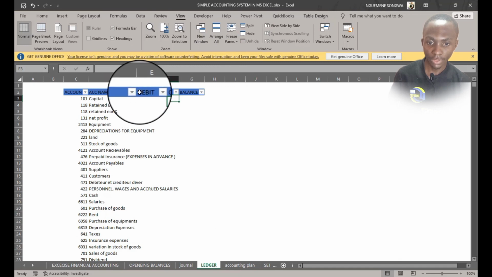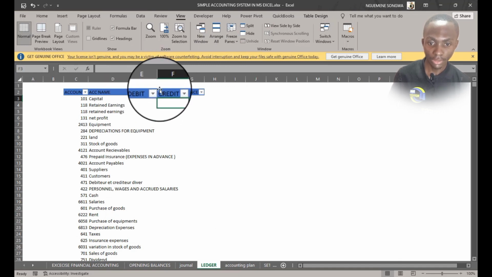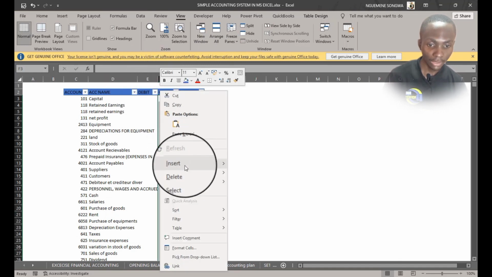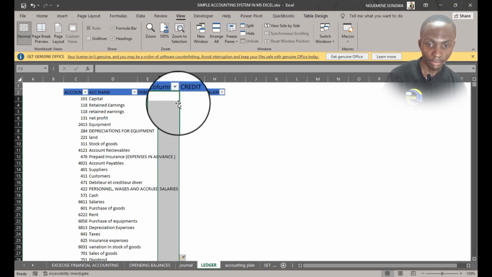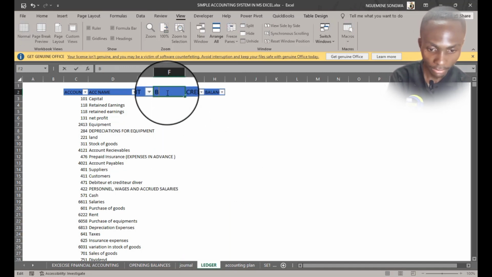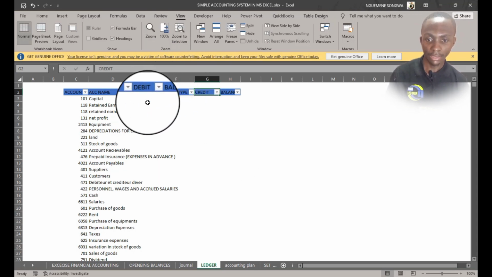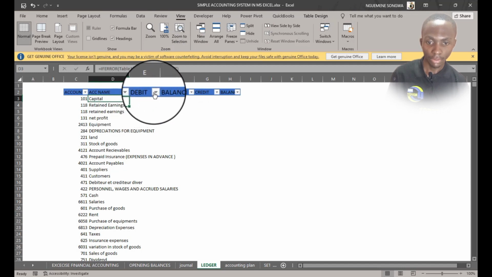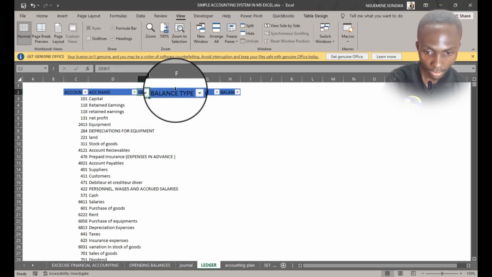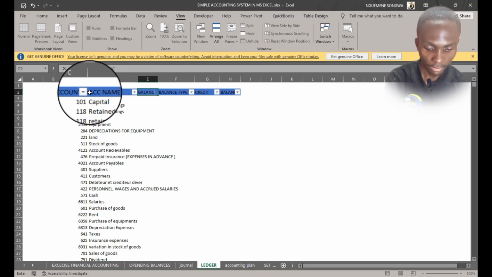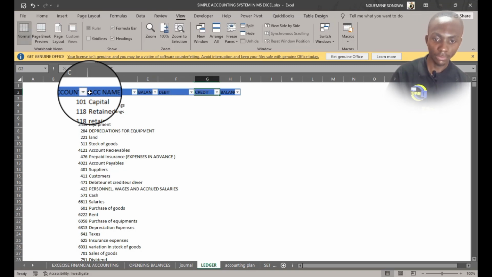So I'm just going to add a new column in this table. I'll right click, insert a column, and call it balance type. This one is supposed to be the balance type, and this one is supposed to be the debited amount.